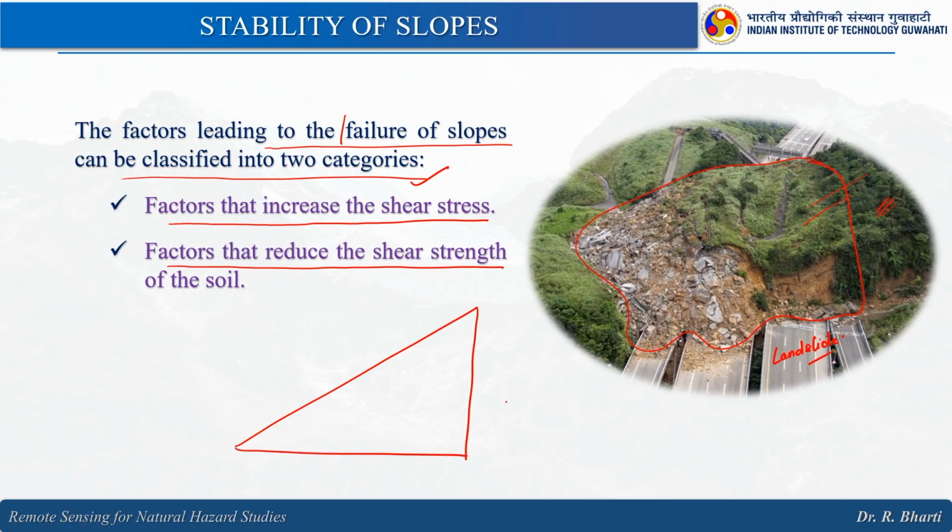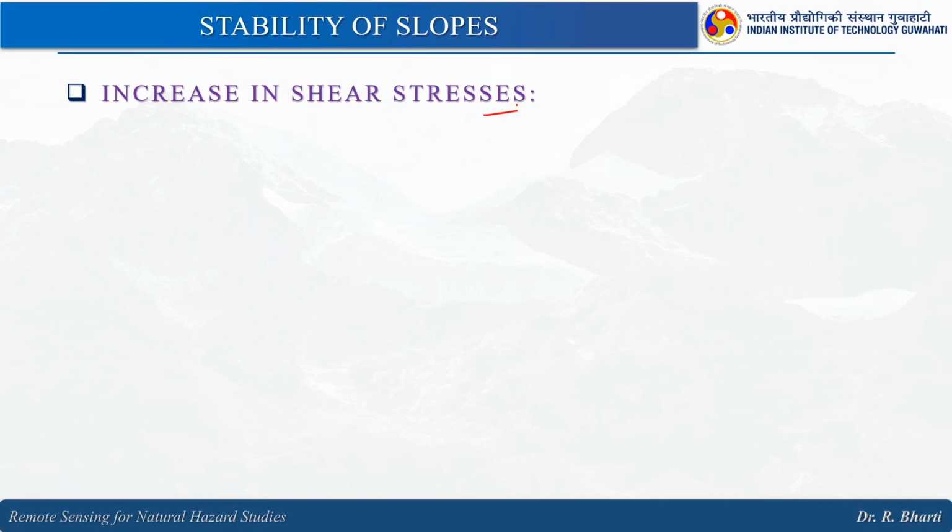Either shear stress has increased or shear strength has decreased, this particular slope is going to fail, and then we will have this kind of landslides, right. I hope this is clear. Shear stress is playing a major role here.